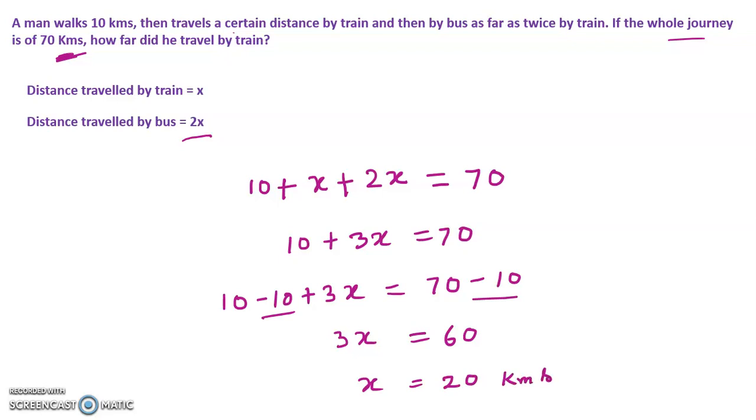That means distance traveled by train: x is equal to 20 kilometers.